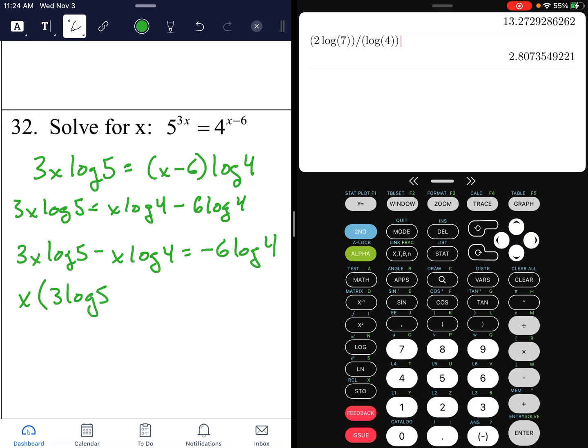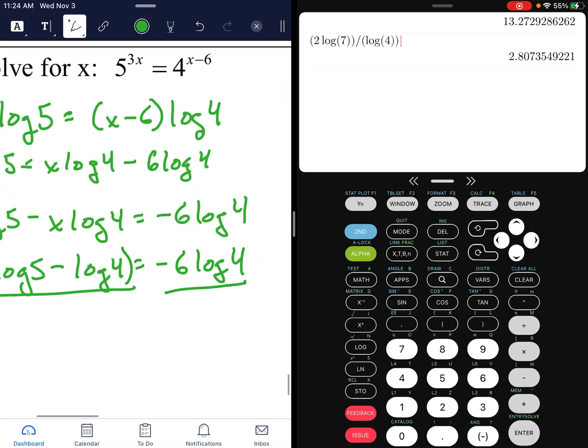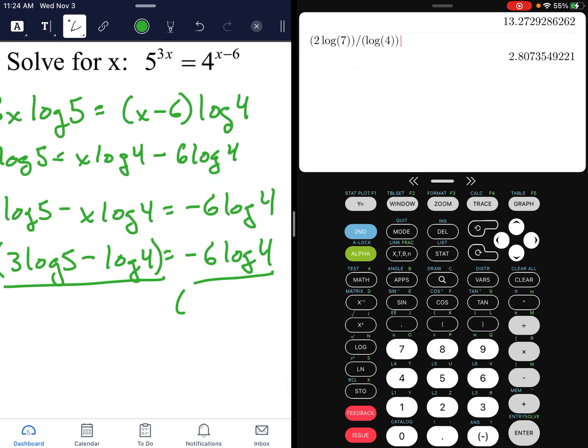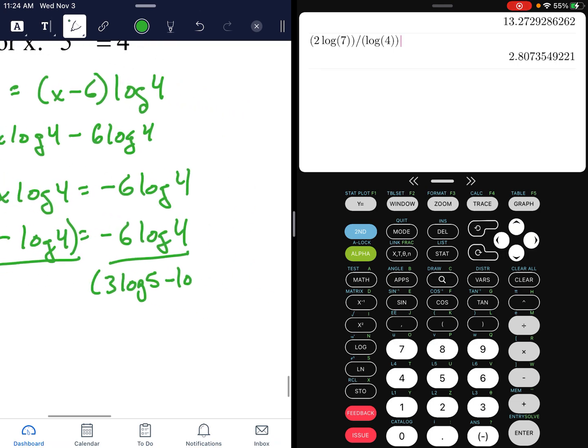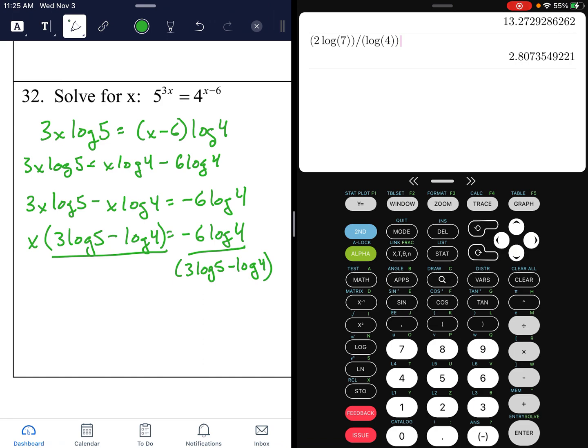I'll be left with 3 log of 5 minus log of 4 equals negative 6 log of 4. I can then divide all of this stuff in parentheses to the right side. Okay. So I'm dividing all that stuff so it goes away.